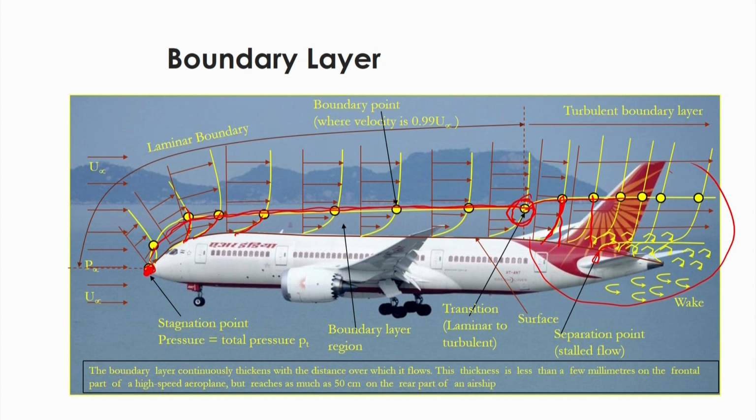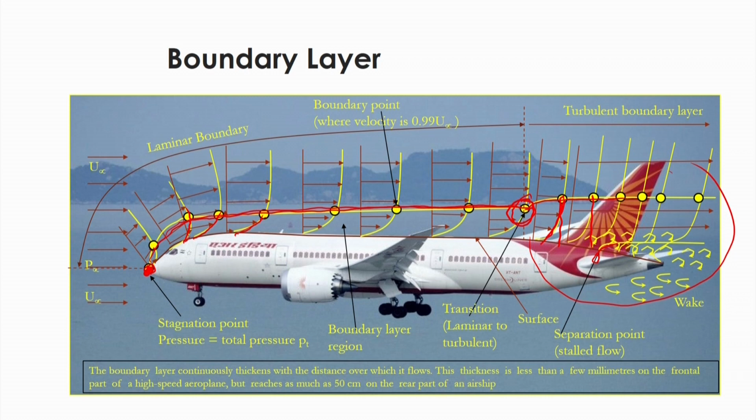There will also be a change of velocity gradient according to the length over which the flow crosses the aeroplane, or solid surface other than an aeroplane, whatever we are observing.